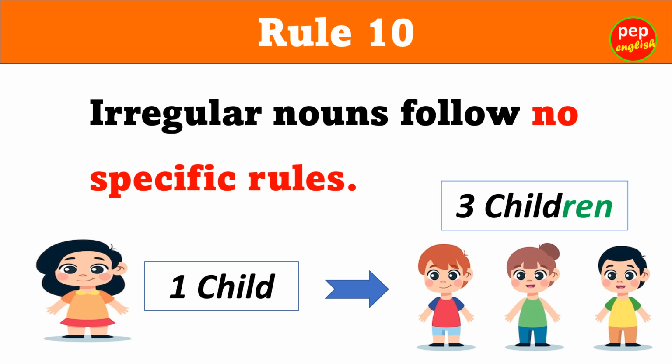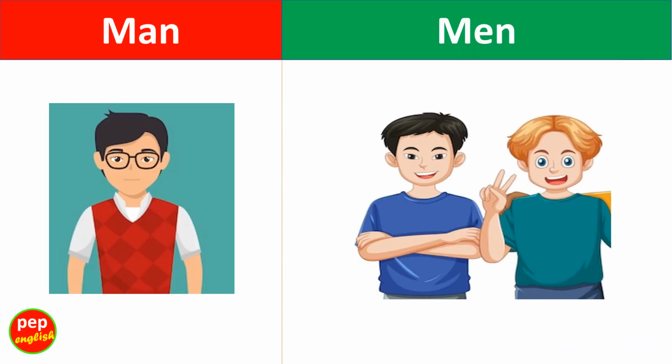Irregular nouns follow no specific rules. 1 child. 3 children. Man. Men.